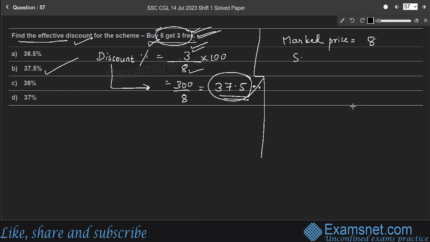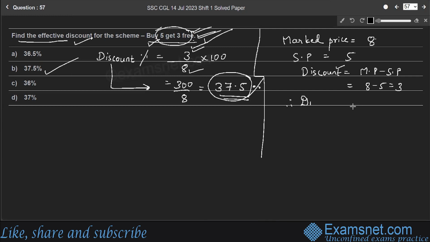So selling price will be 5 and I'm giving 3 articles for free. Here, according to the formula, discount is market price minus selling price. In case of discount, market price will be greater than selling price. Therefore, it is 8 minus 5, which is 3.